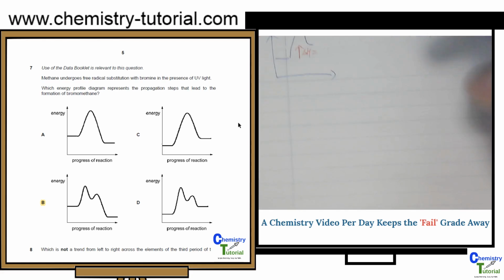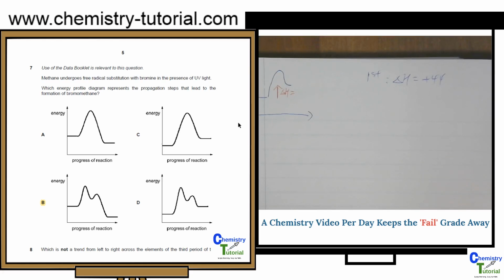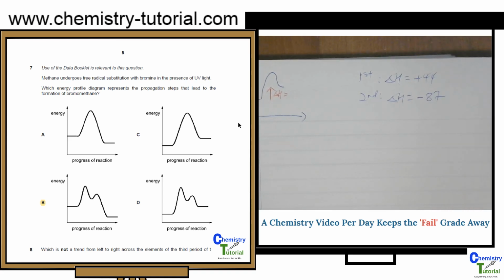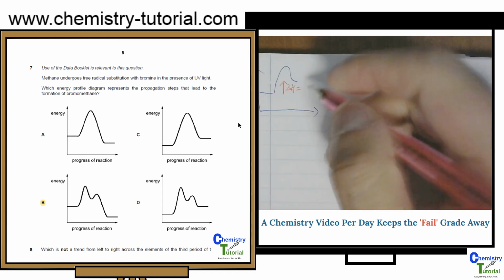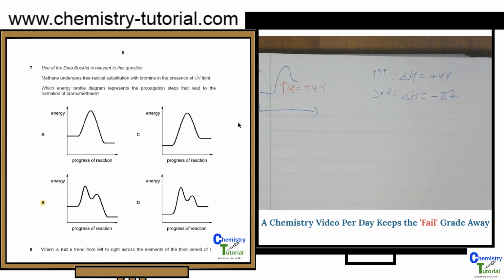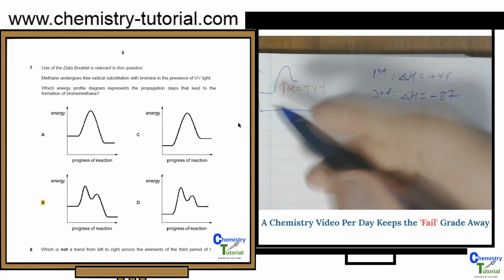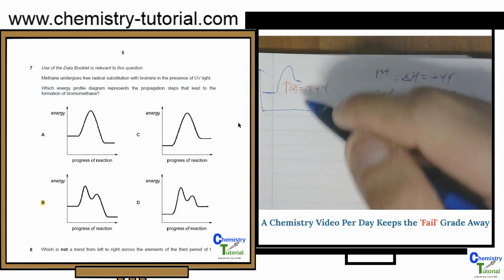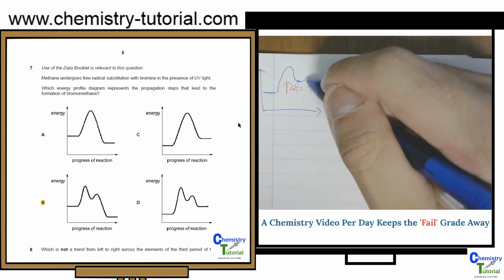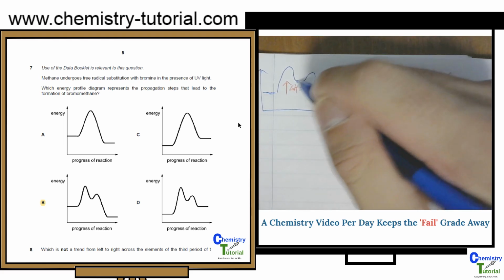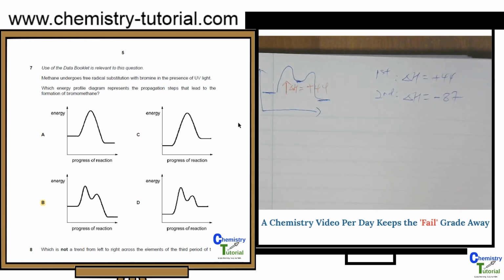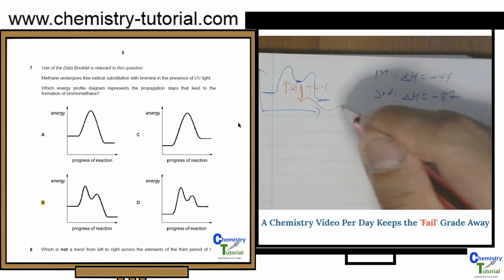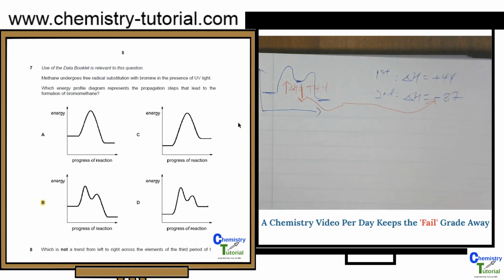So plus 44, and the second one, delta H is minus 87. That means this is your reactant, this is your product. But after that, this is your reactant, and now this is your product. And now this part itself is equivalent to minus 87.